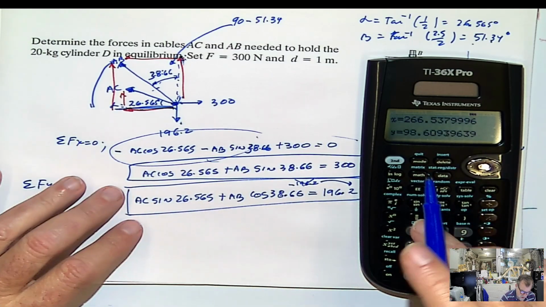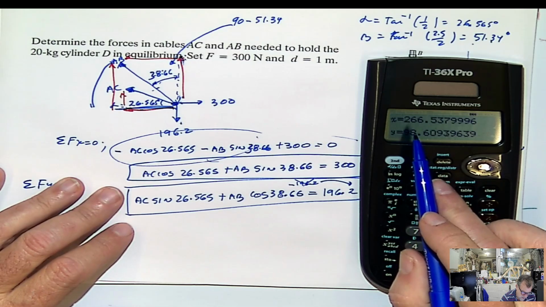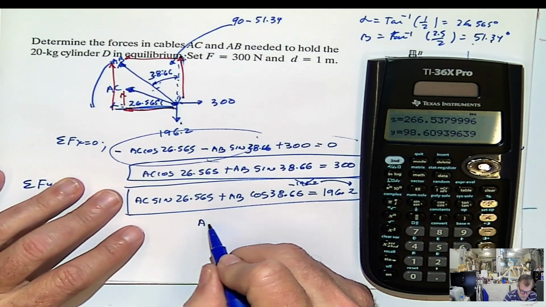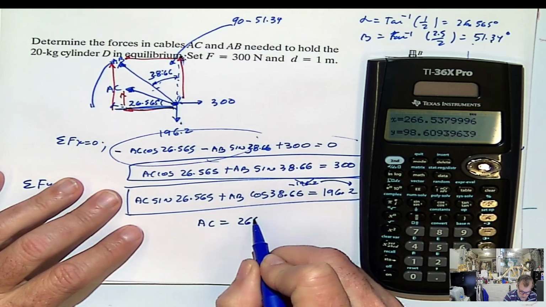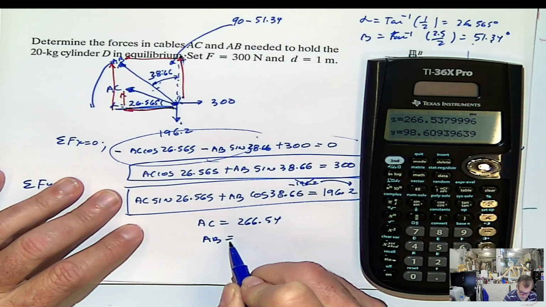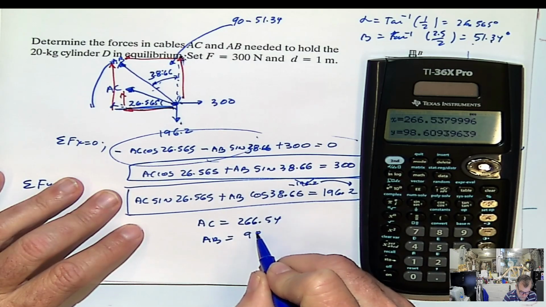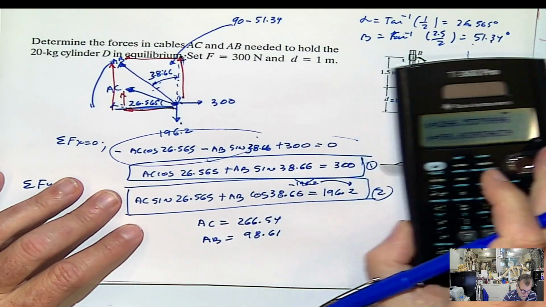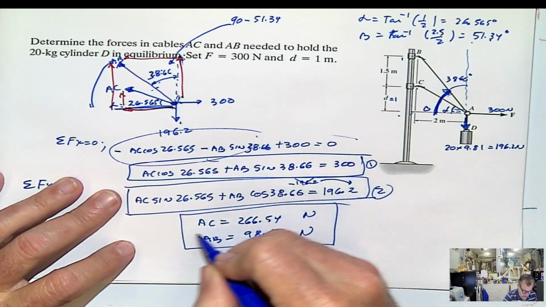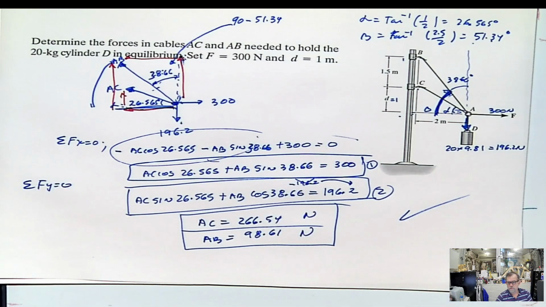Solve. And remember, this is going to be AC and this is going to be AB because it's the order that we have. So AC will be 266.54 and AB will be 98.61, both in newtons. And that will be the solution for this problem.